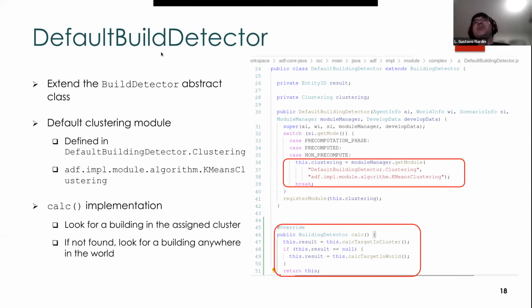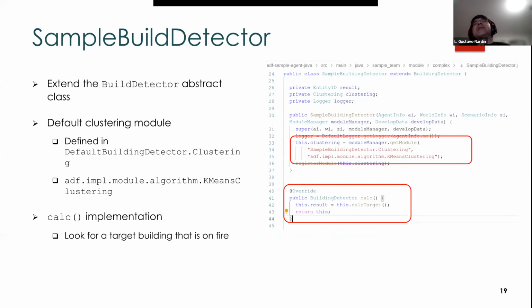One is the default building detector, which is implemented inside the ADF core repository. And the other one, the sample building detector, is implemented into the sample agent repository. Well, now we need to define how we can specify which one of these two building detectors my agent team will use.